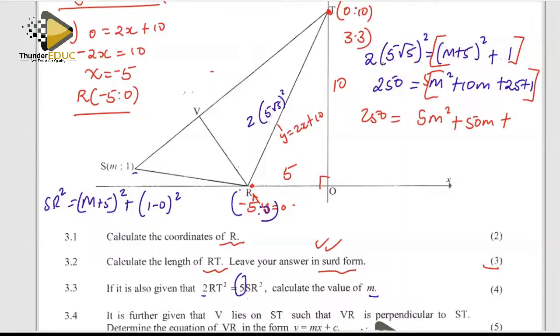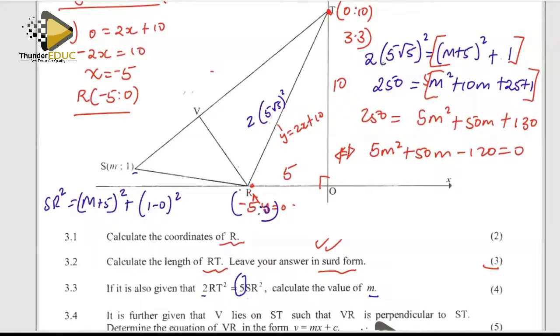What do we get? 26 times 5 gives me 130. Then let me get the standard equation. So 5m squared plus 50m, and 130 minus 250 gives me minus 120.